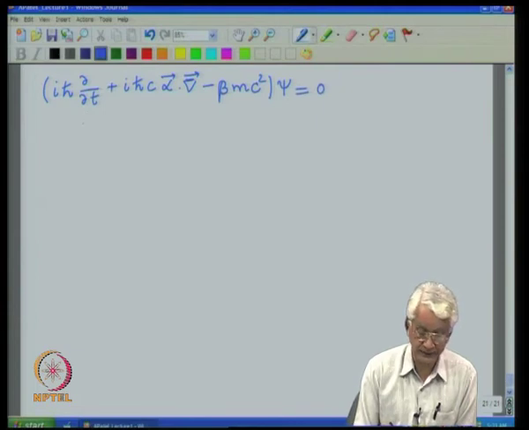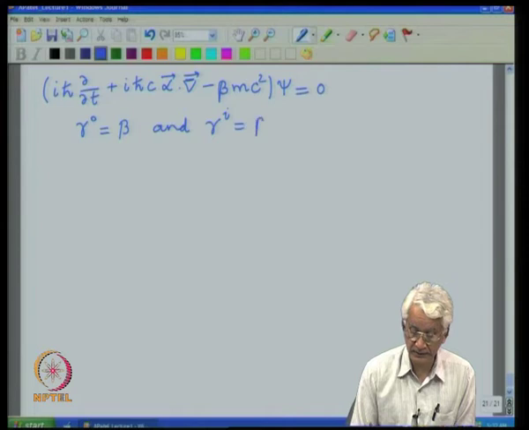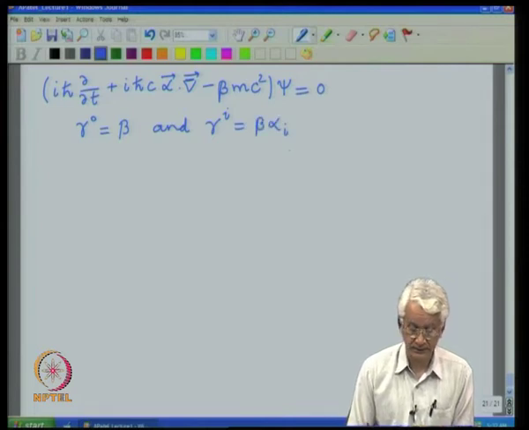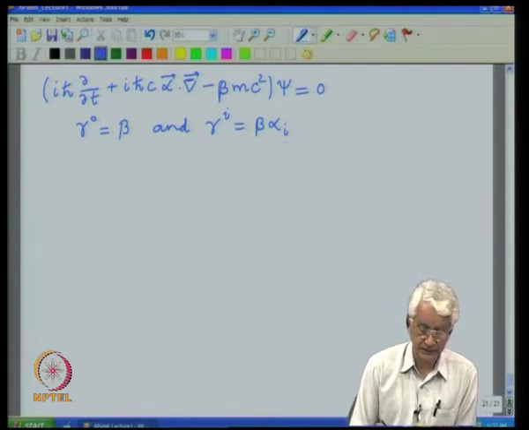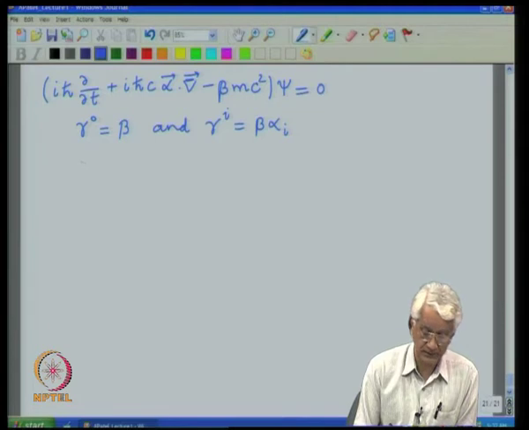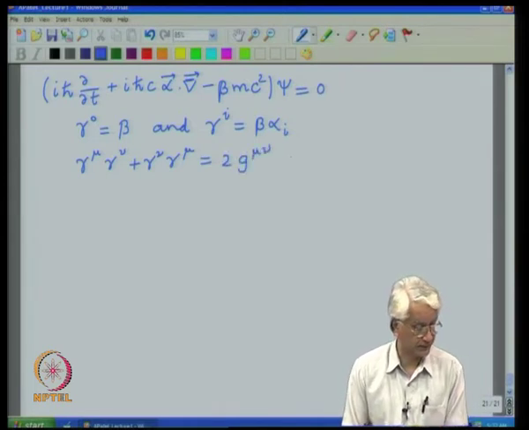by the following convention, that we define a matrix gamma 0 which is identical to beta, and we define matrices gamma I which are equivalent to beta times alpha I, and in terms of these matrices the Clifford algebra can be reduced to the anti-commutators which now produce the Minkowski signature.